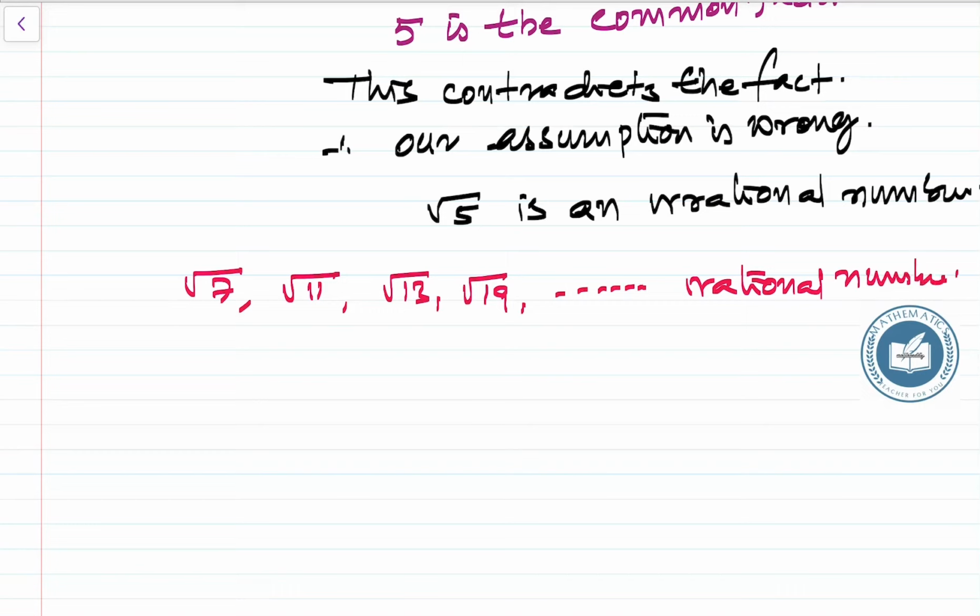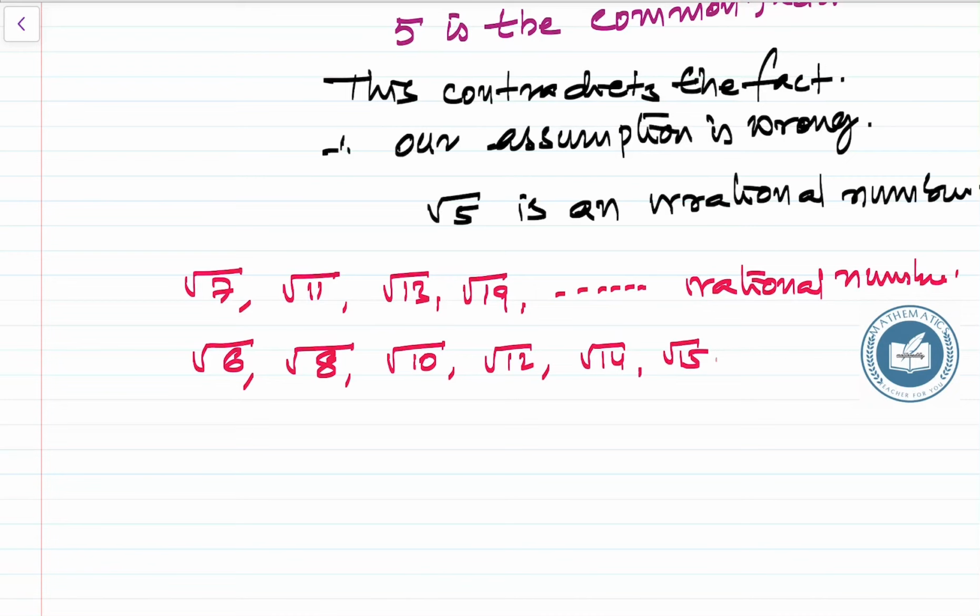Not only these prime numbers, but sometimes you see numbers that cannot be expressed as the square of any other number. 6 cannot be expressed as the square of any other number. That's why root 6 is also an irrational number. Root 8, root 10, root 12, root 14, root 15 are also irrational numbers.